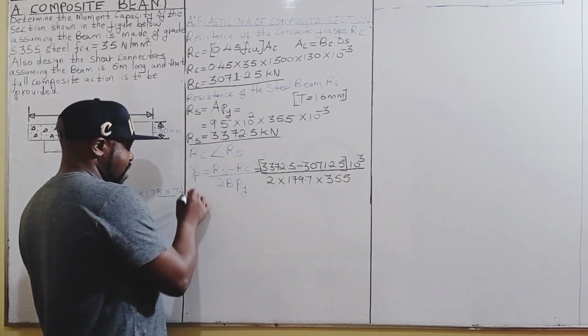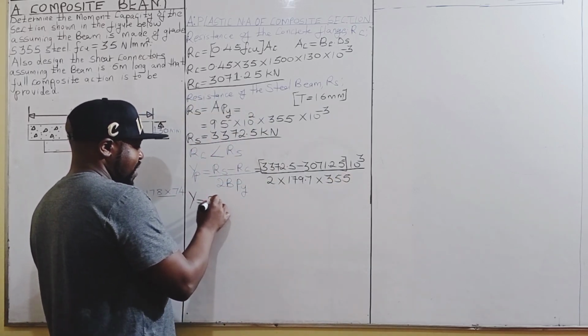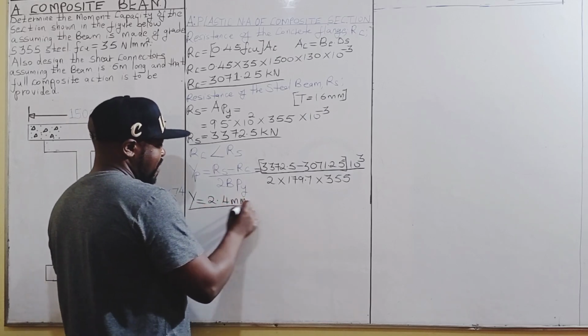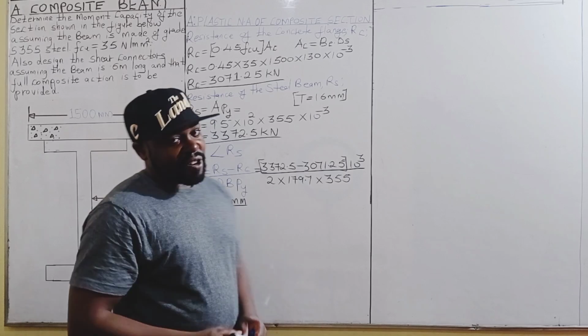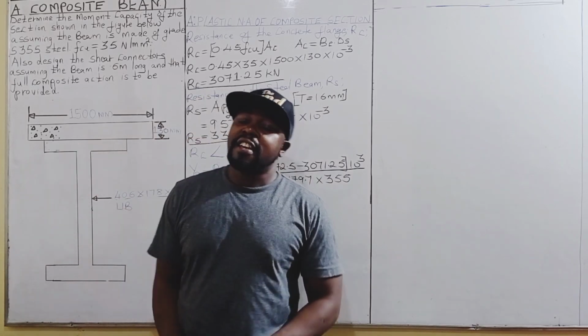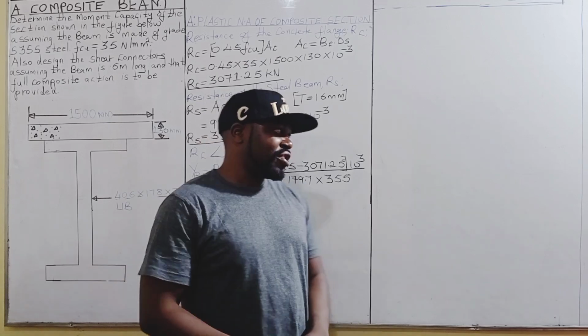When we do so, we get the depth of the neutral axis to be 2.4 millimeters. That means that the neutral axis will fall in the flange of the steel section.